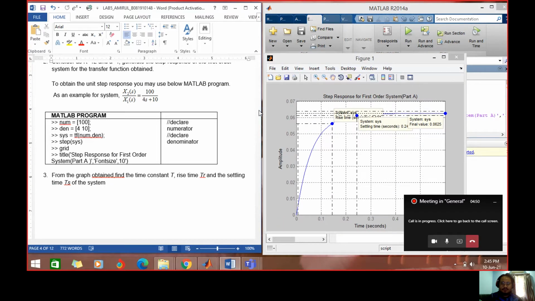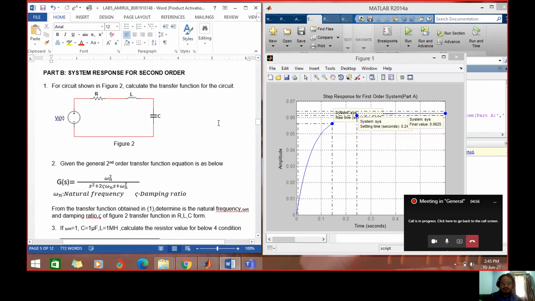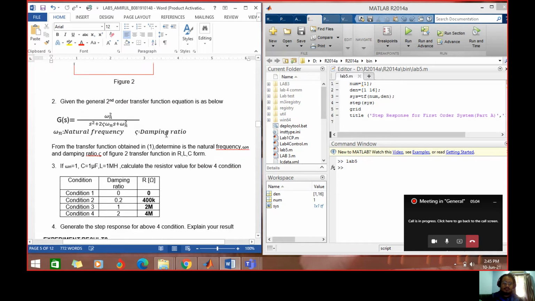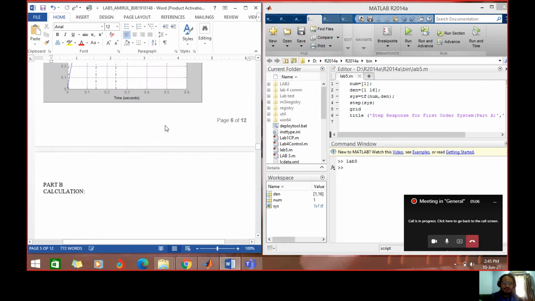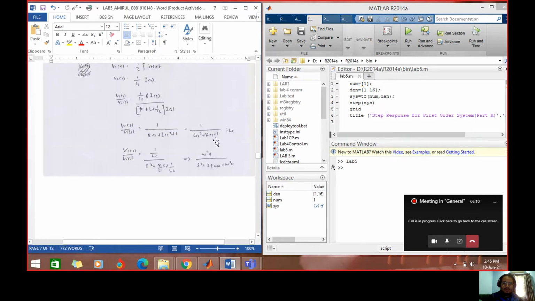After that, for part B, is a second order system. First we need to find the transfer function. For this, I get 1 over RCS squared plus RCS plus 1.